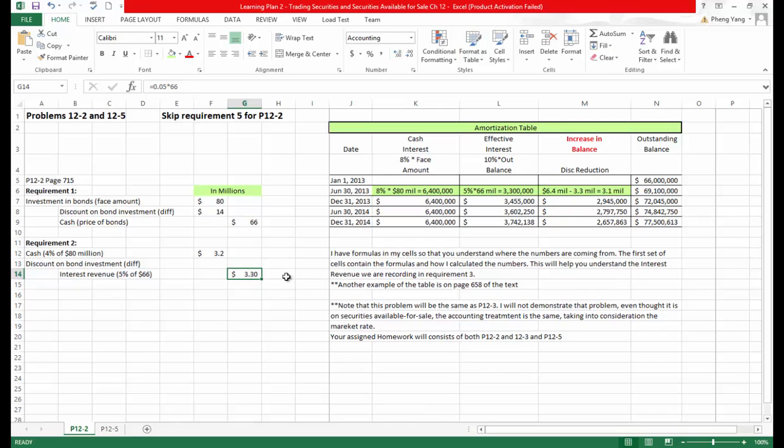Okay. All right, so my difference then is going to be the discount of, once again, 0.10, or remember these numbers are in millions, so that would be 3.2 million. This will be 100,000. That would be 3.3 million. Okay, so that's how that one looks.